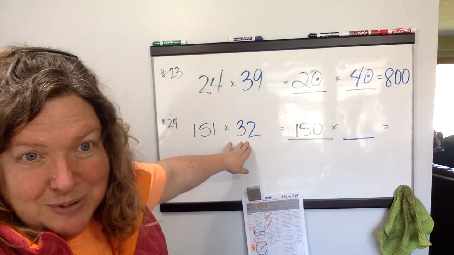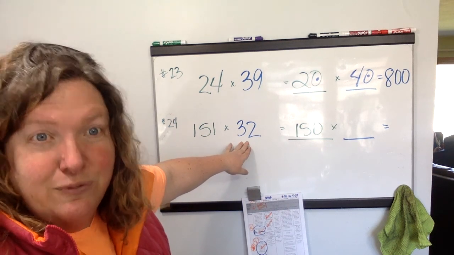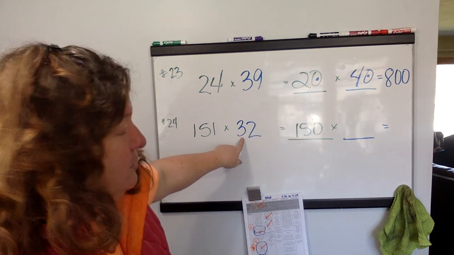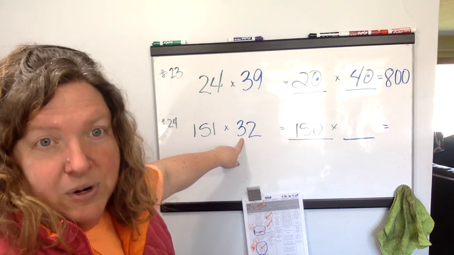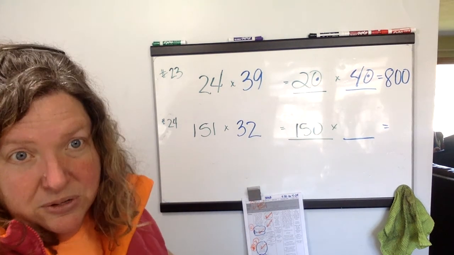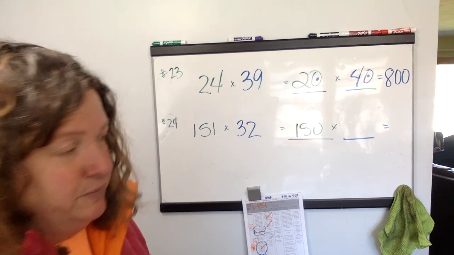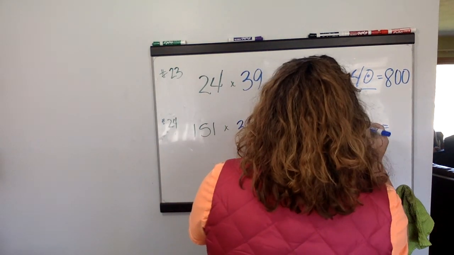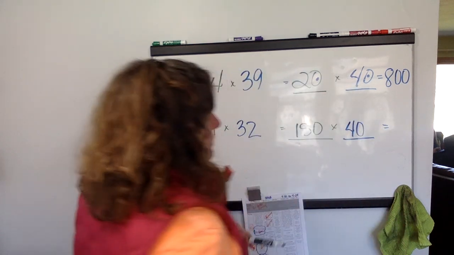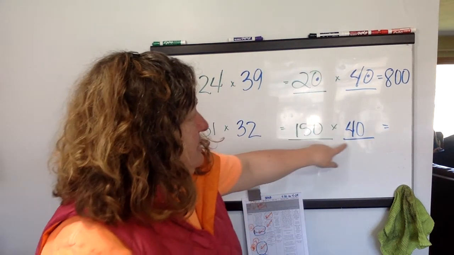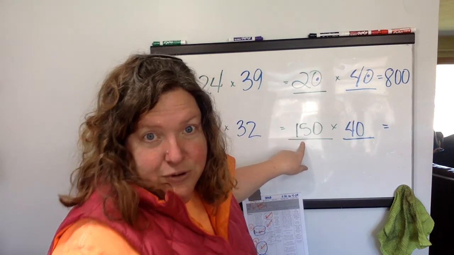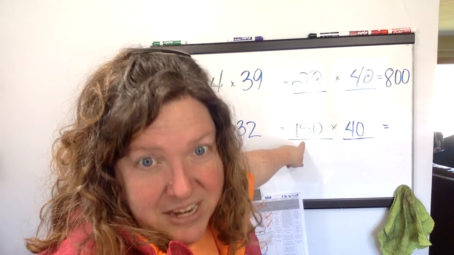32. Are we going to round it to 30 or to 40? We're going to round it to 3 tens or 4 tens. 32 is pretty close to 30. It's much closer than it is to 40. Now, again, we can estimate. If I know 15 times 2 is 30, and double that is 60.